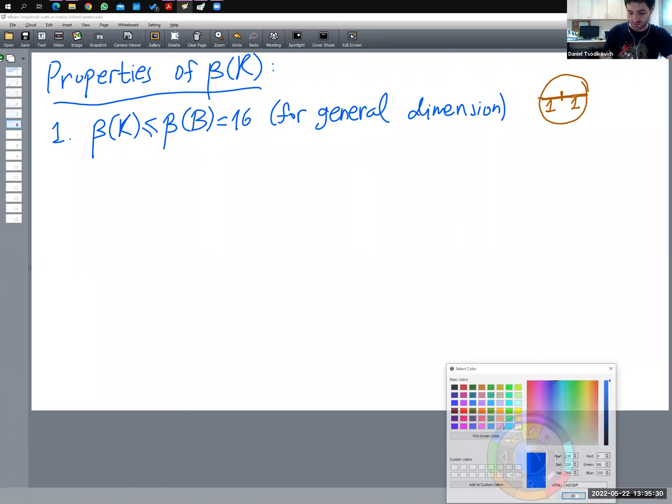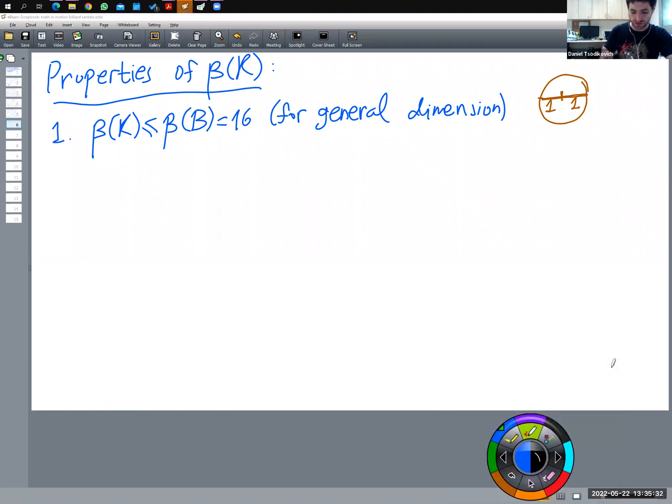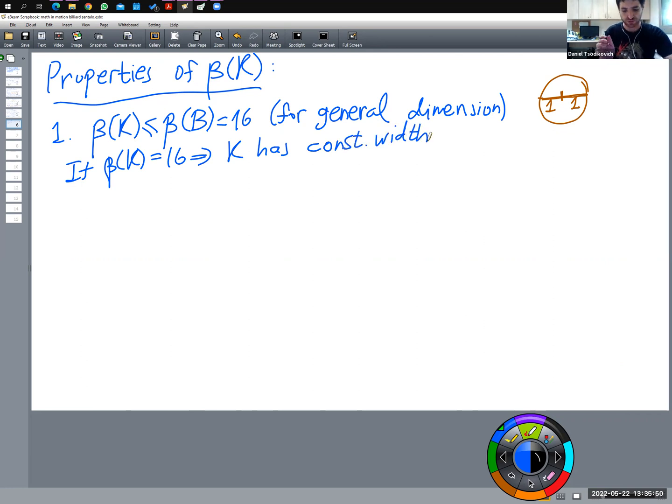And all maximizers must have constant width, so the distance between any two parallel hyperplanes that contain K is the same.